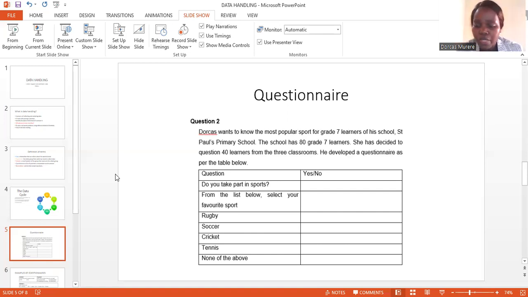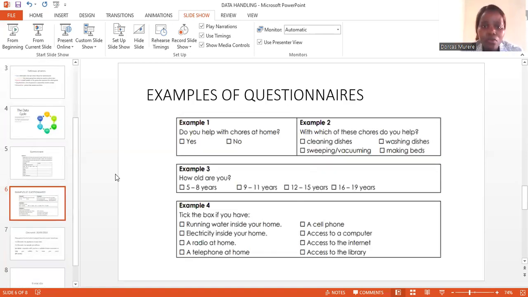Allow me to move to the next slide. I've given other examples of questionnaires here, so you can study them so that they can help you make your own questionnaire, because I'm going to give you a classwork where you're supposed to design your own questionnaire. These are other ways of designing a questionnaire, or of asking questions to the respondents.